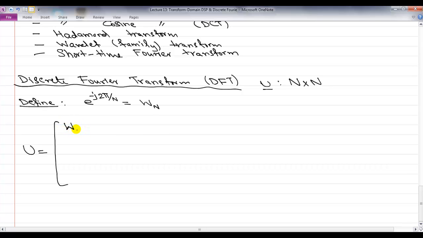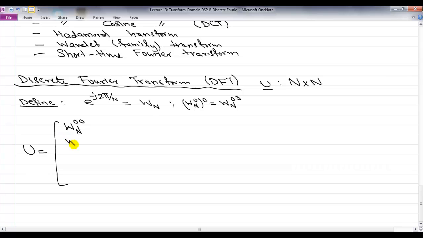The first column is W_N^0. The first entry is the 0th power of that. Okay, so W_N^0 to the power 0.